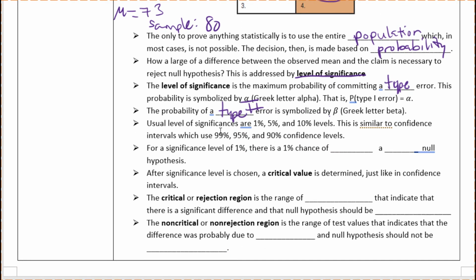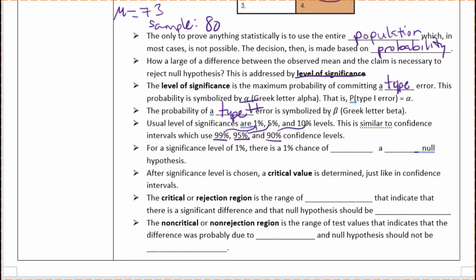All right, so the usual levels of significance that we use are 1%, 5%, and 10%. This is similar to the confidence intervals where we use 99% confidence, which means our alpha was 1%, 95%, which means our alpha is 5%, and 90%, which means our alpha is 10%.